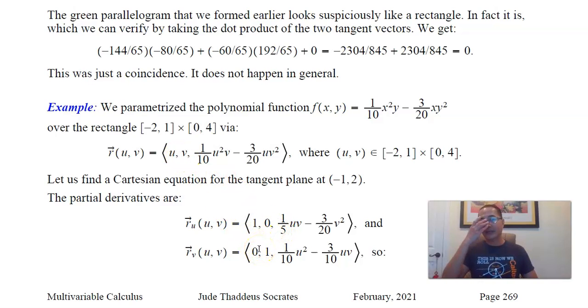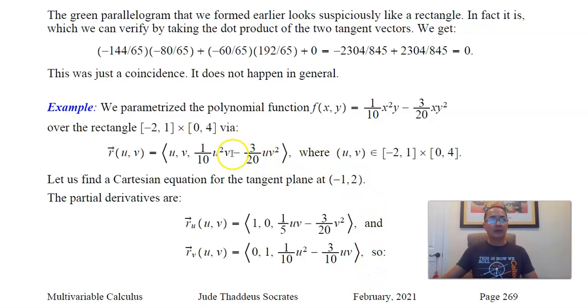Whoops, we do have 3 coordinates. Now, partial with respect to v, u becomes 0, v becomes 1. And then with respect to v, that v disappears. We get 1/10 u squared. That 2 goes down, so it cancels with the 20, minus 3 over 10, u times v.